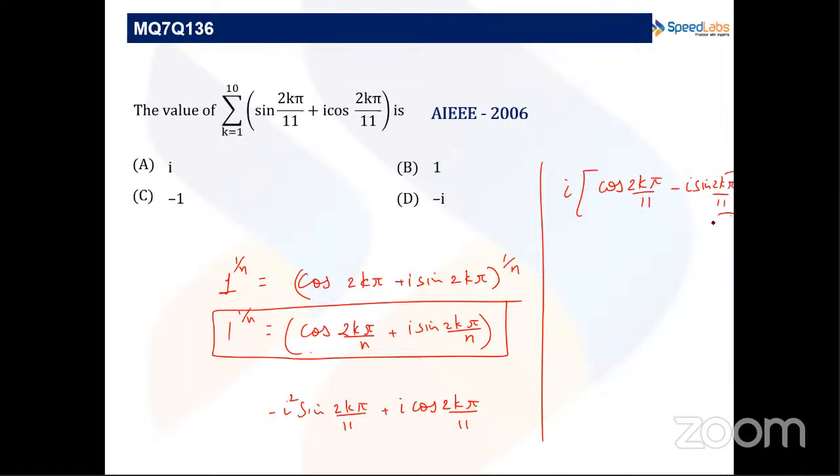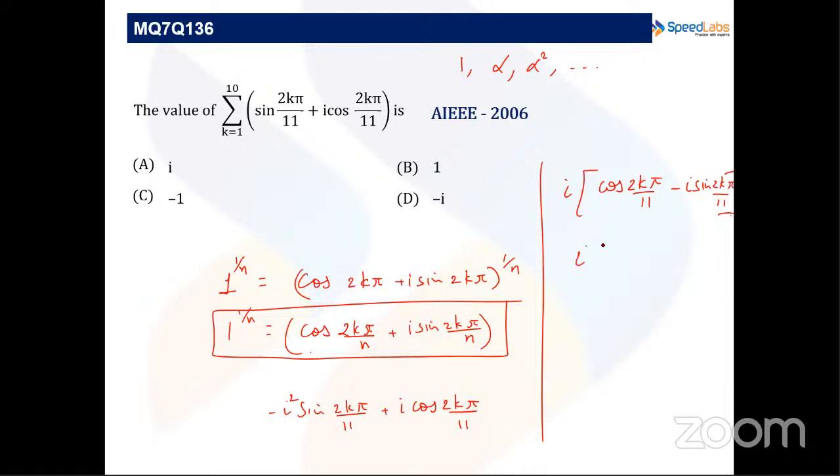Now if you write it in this way, then you will be getting the conjugate of the roots. See, all the roots are in the power only, no?